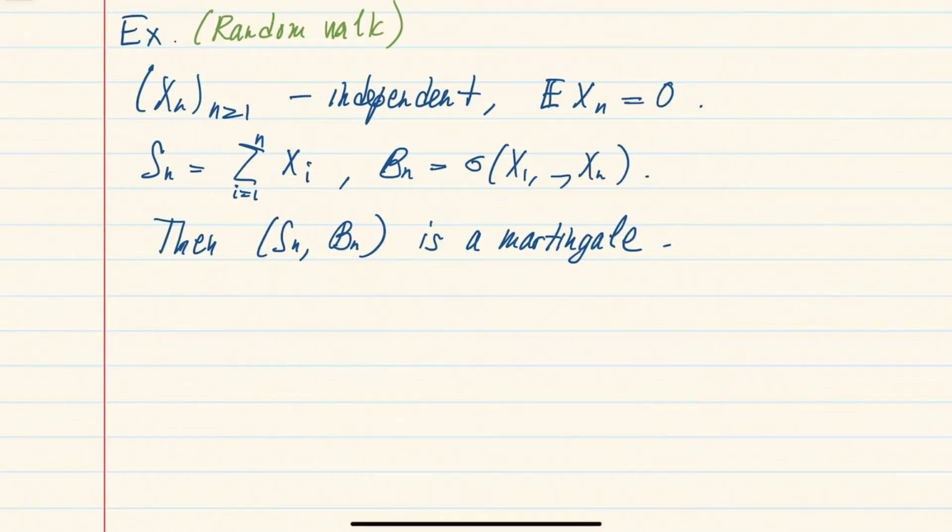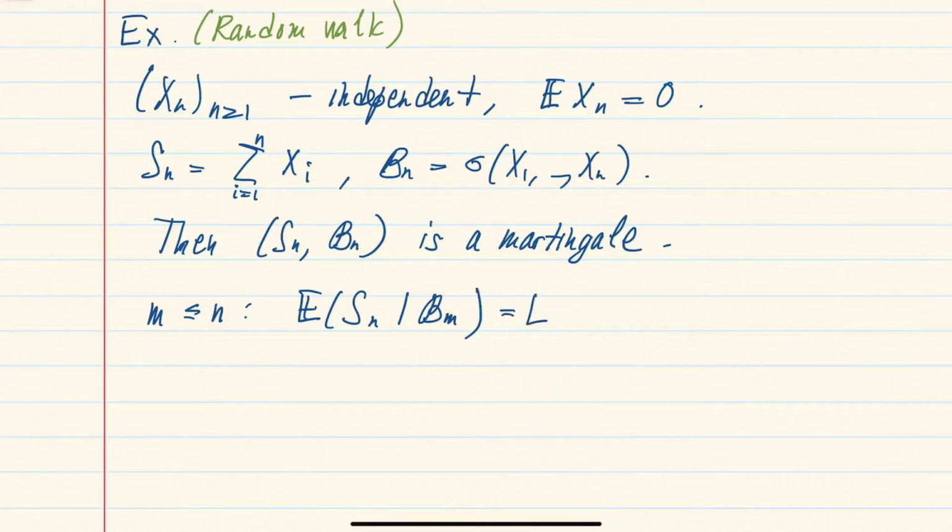So we only need to check this last property: that if you take two indices m less than or equal to n, then the expectation of the sum at a later time n, conditionally on the sigma algebra generated by the X's up to time m, will give you Sm.